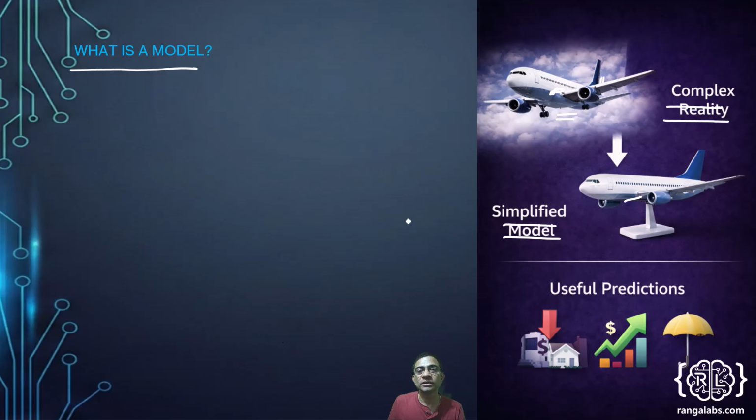You would have seen that scaled down models of planes are tested for how they do with storms and windy conditions, how they are able to sustain. All those things are tested in the model. They are an exact replica of the original plane, but they cannot be considered the original plane for obvious reasons.